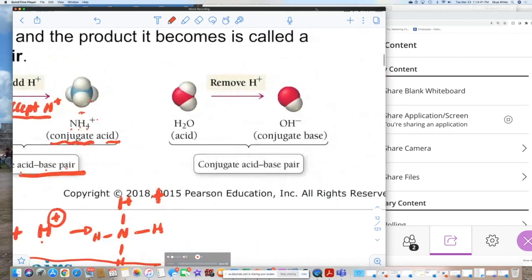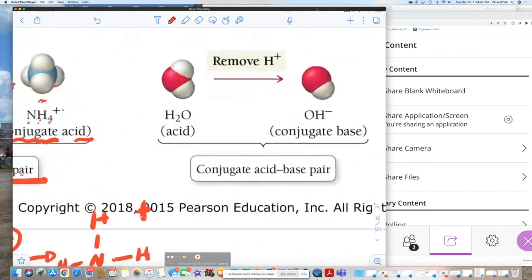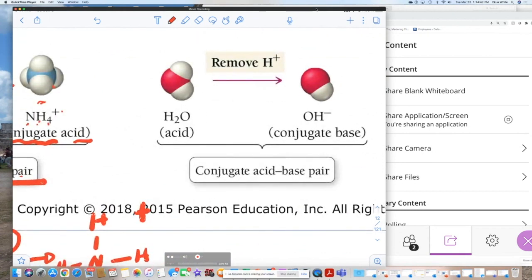Here we now have another conjugate acid-base pair. This time water is being defined as the acid. Now, if I were a student, I'd be like, wait a minute, didn't you just say water is not an acid? Yes, I did. Were you wrong? Not necessarily.